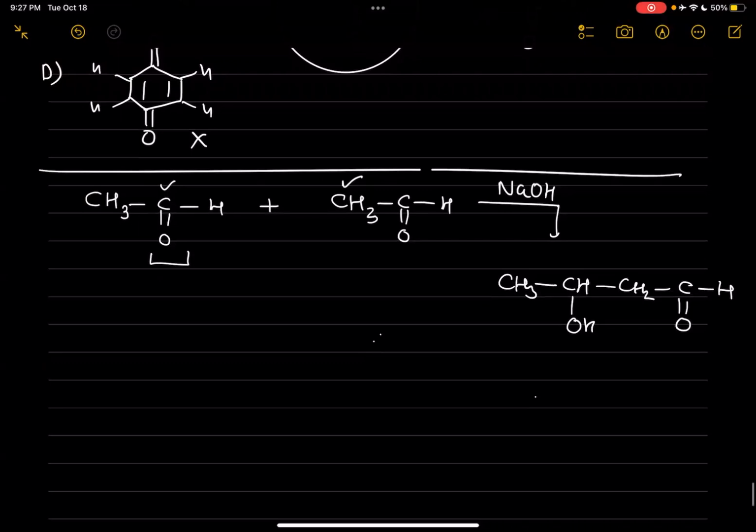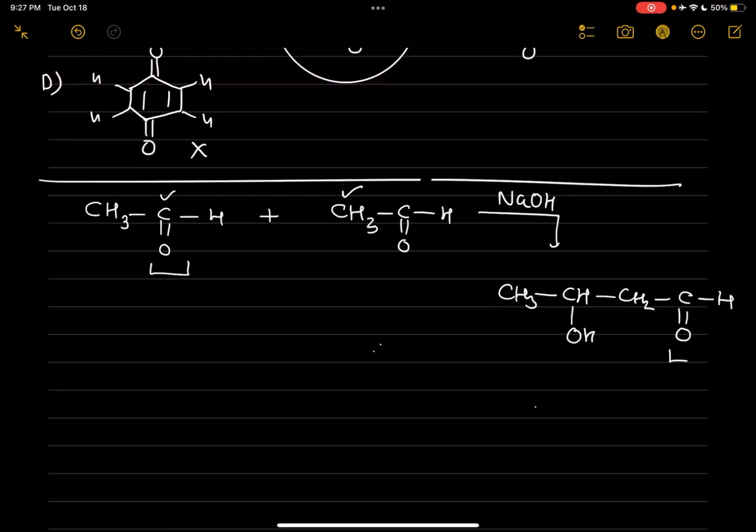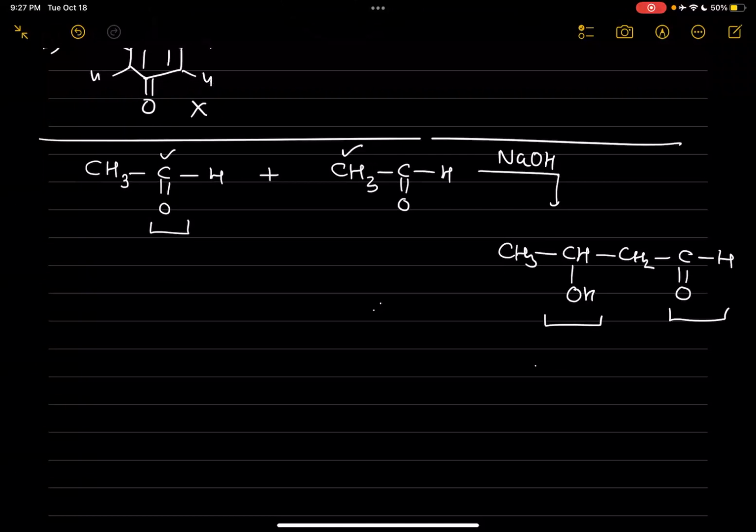Aldol, because there is an aldehyde and there is an alcohol. Because of that, the name given is aldol condensation. But if heat is there, what are you going to do?